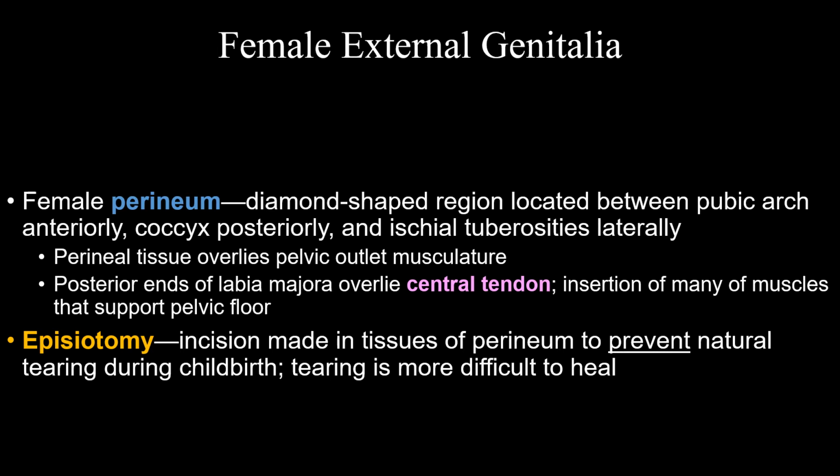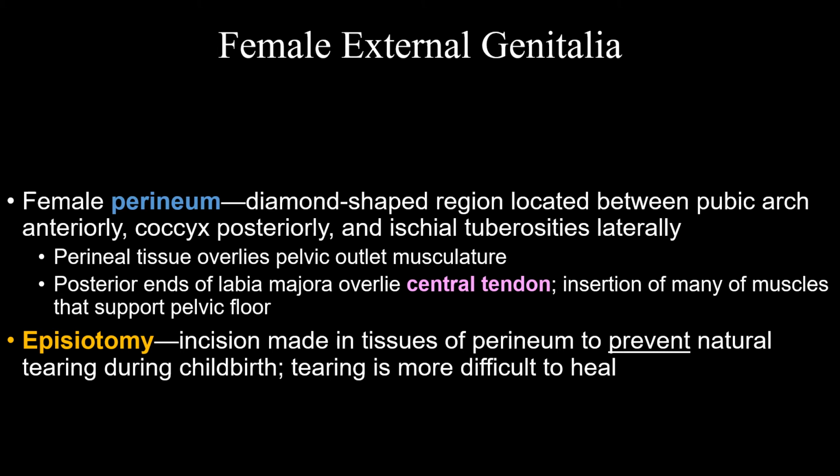And a common procedure during childbirth is doctors will cut a straight incision through the skin and muscle of this area if a tear appears likely. This is a procedure known as an episiotomy, and these are done because straight incisions are much easier to heal and repair than are jagged tears.